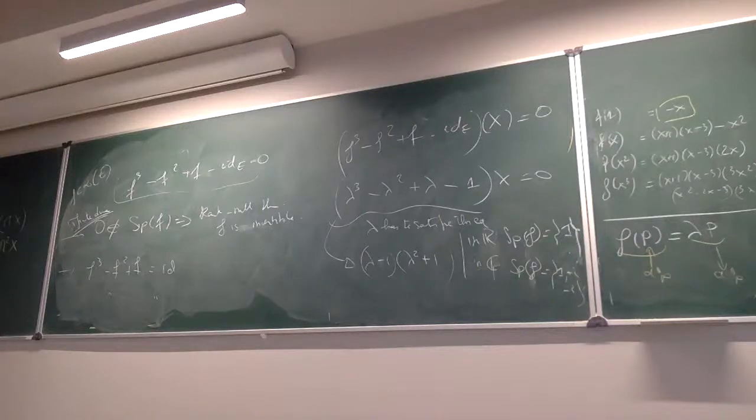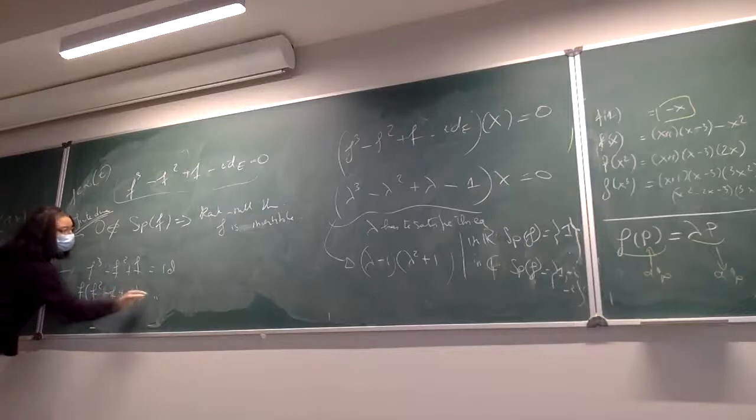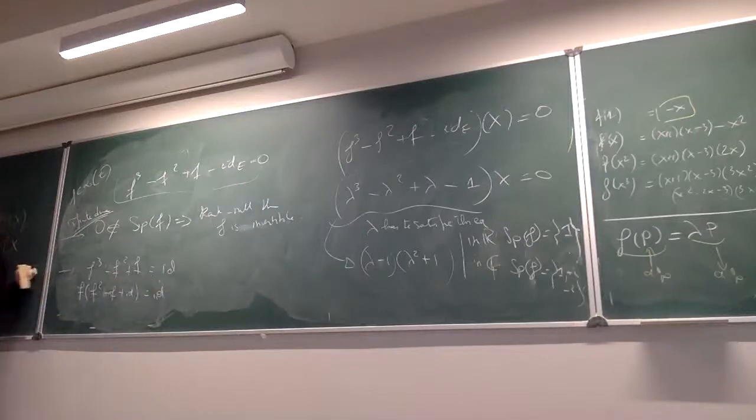The definition of an inverse is when you apply your map to its inverse, you get the identity. Okay? So here, I can factor with F on both sides. So this relation tells me that this is the inverse.